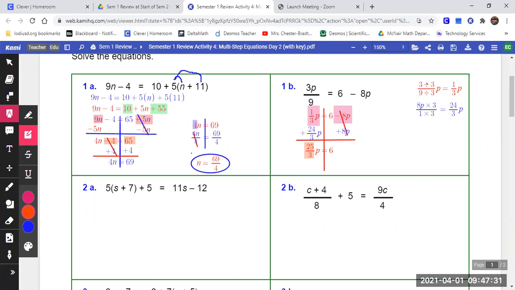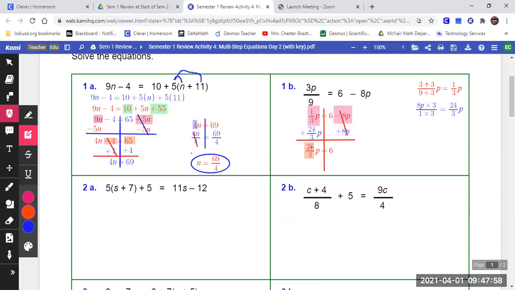When we divide by a fraction, we don't leave it the way it is. We keep the first fraction. We change it to multiply, right? Keep, change, flip, right? So I have a 25 over 3. Keep, change it to multiply, change, and then I have to flip it.